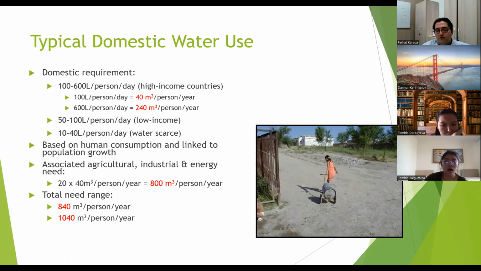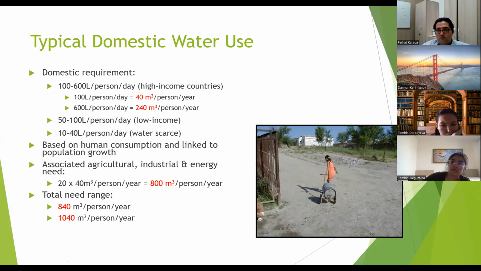This is the amount of water you should consume in a day. So if a country is water scarce or low income, you are supposed to consume less water. When the level of income in the countries is increasing, it's interesting that water consumption is increasing too.